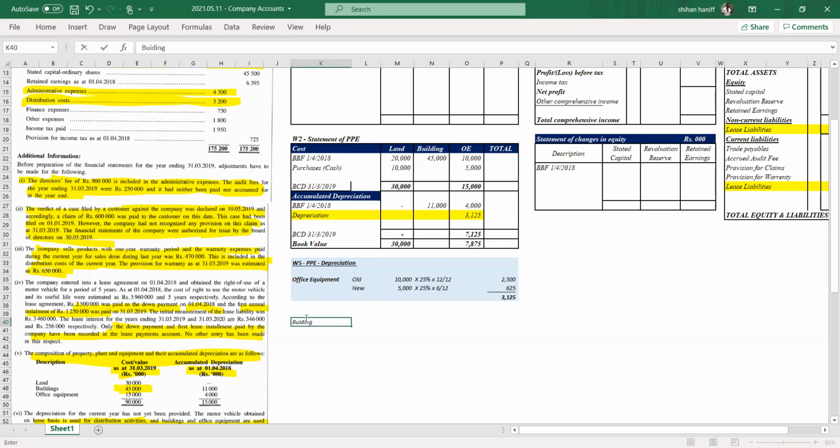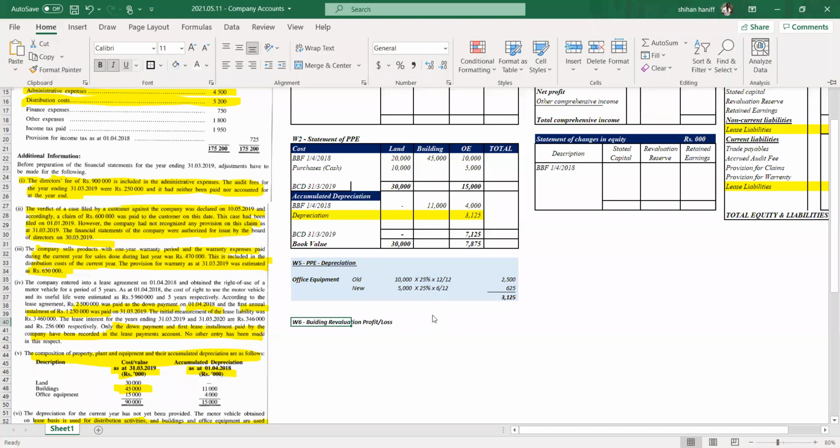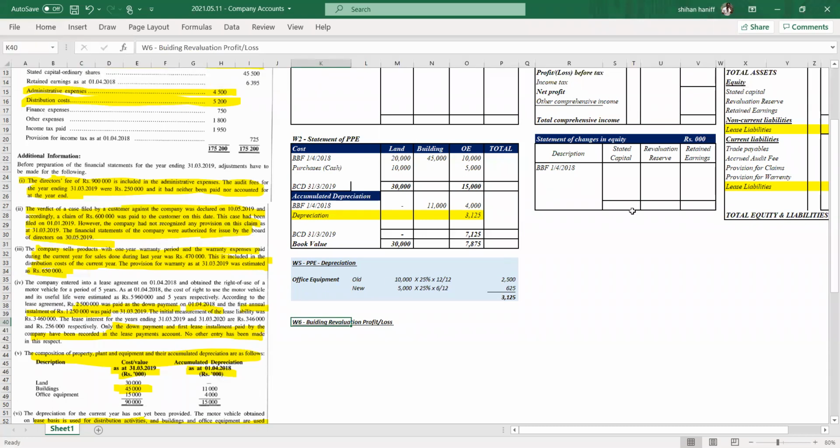Can you all tell me what is the building revaluation profit or loss? How do you calculate revaluation profit or loss?